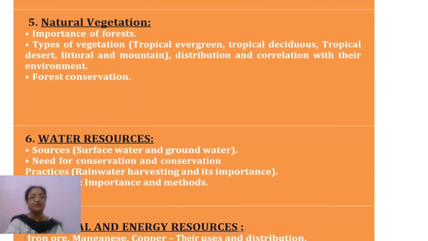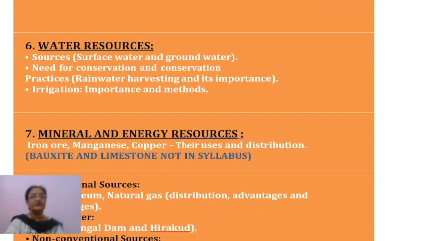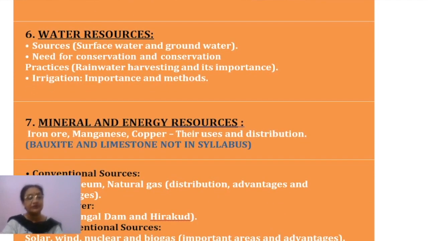Then next is water resources. Regarding water resources, the various sources of water in India: surface water and groundwater, the different sources under that you need to cover. And the need for conservation of water and conservation practices being followed all over the country.